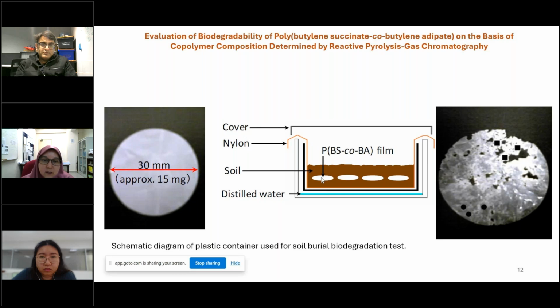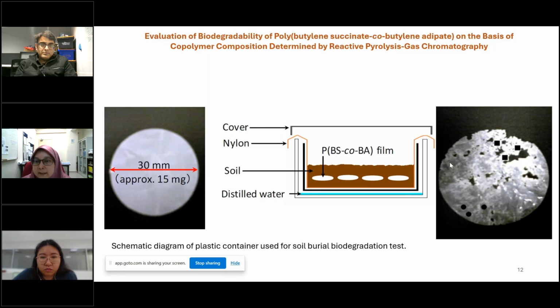So after the elapse of 1 week, we extract one plastic. Then after the second week, we extract another plastic. Following the third week, and the final one on the fourth week, 28 days, we collect the samples after each week of biodegradation.